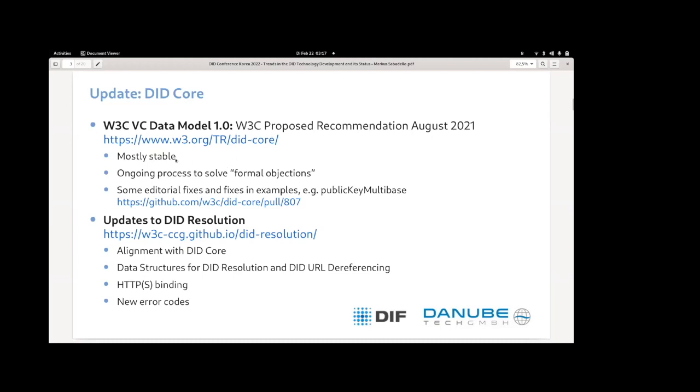This specification has been mostly stable, so there hasn't really been a lot of development or a lot of new updates. There have been some smaller fixes, some smaller changes, just to fix some language or some examples, but otherwise there are not really any big new developments. This is pretty much stable.